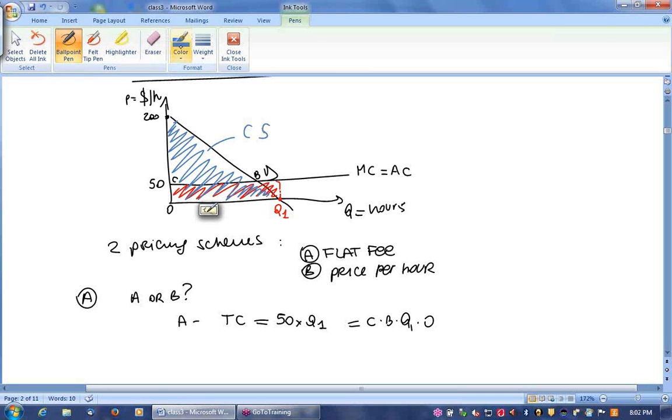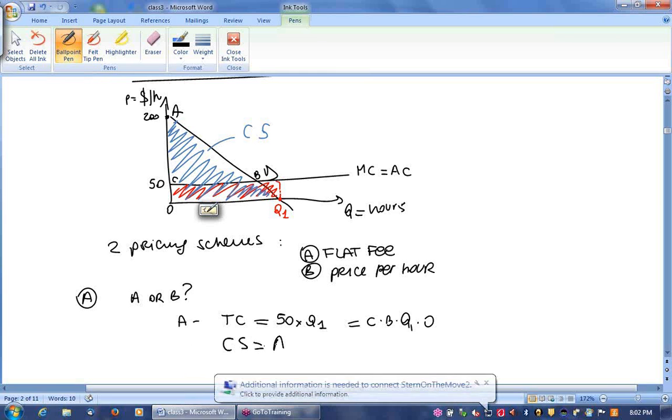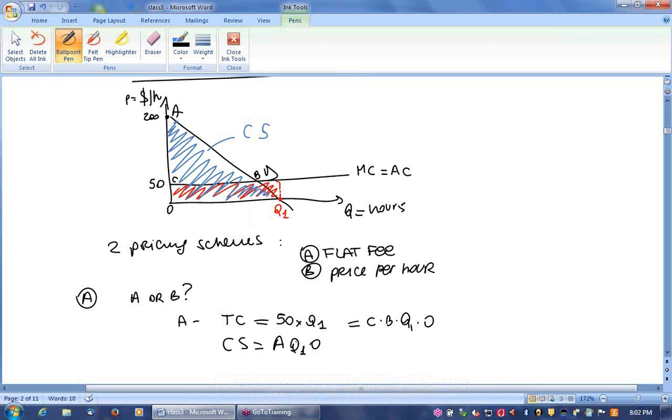Call this point A. So consumer surplus is equal to A Q1 0, right? So the part of the demand that is above the price per hour.